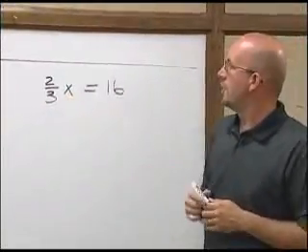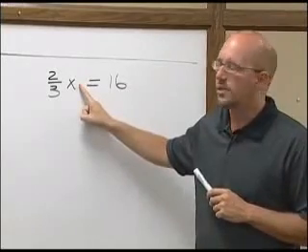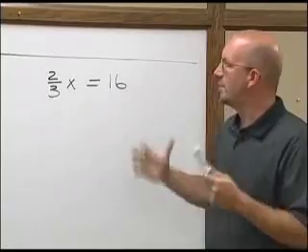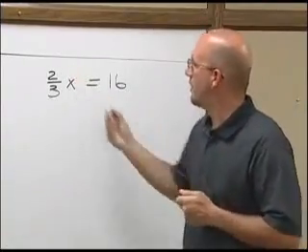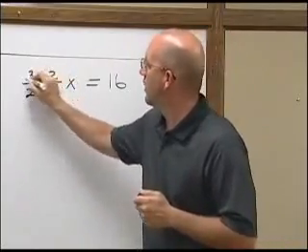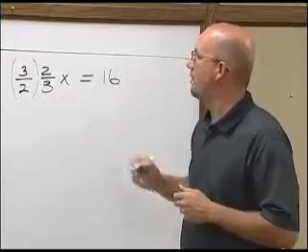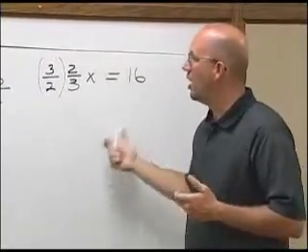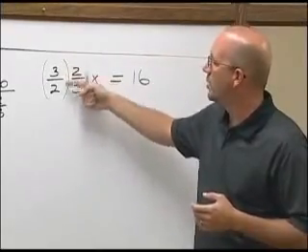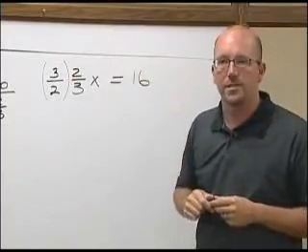If we think of the 2/3 as the 2 being multiplied by our variable x and the 3 being divided by, we can simply undo our multiplication by division and undo our division by multiplication, which means anytime there's a fraction in front of our variable, to undo that fraction, all we need to do is multiply by our reciprocal, which is just the numerator and the denominator changing places.